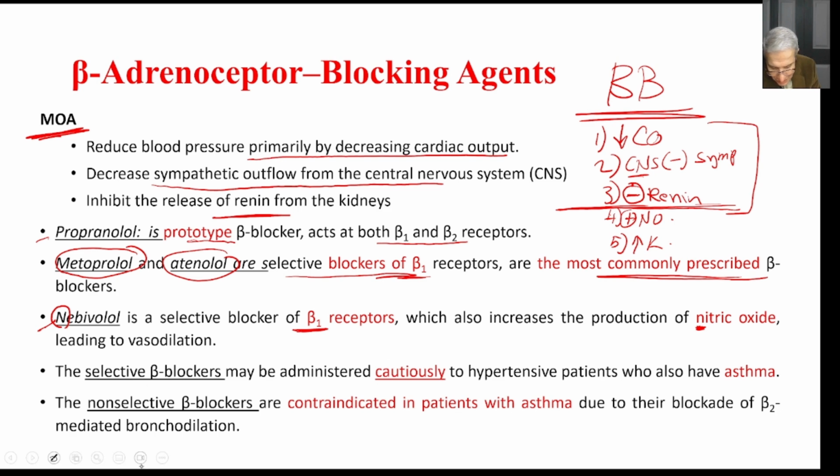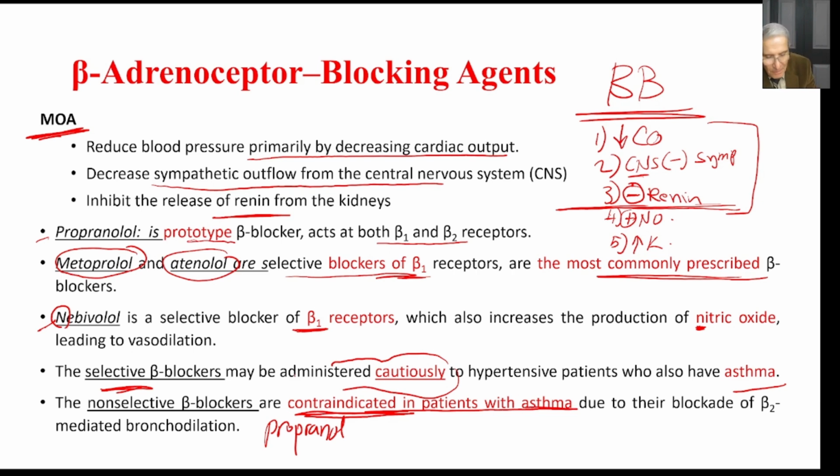Then we move to the selective beta 1 receptor blockers. We have some instructions: they should be used cautiously in patients with diabetes or hypertension. Selective, such as beta 1, beta 2. Non-selective, such as propranolol, is contraindicated, not allowed to use in patients with asthma.